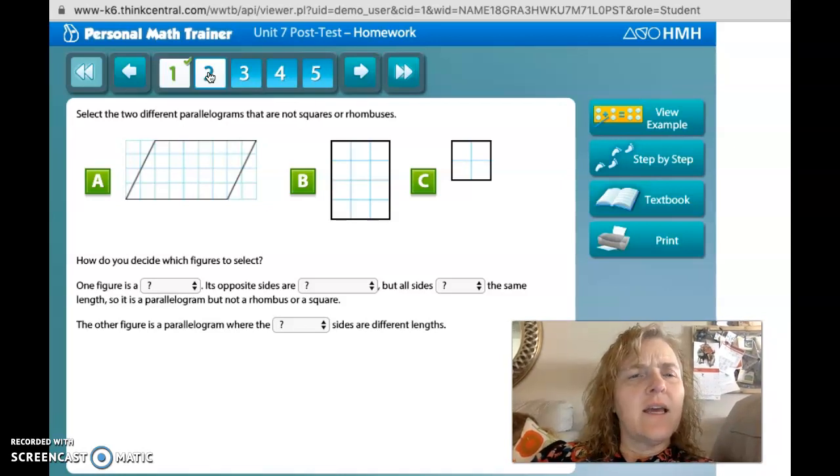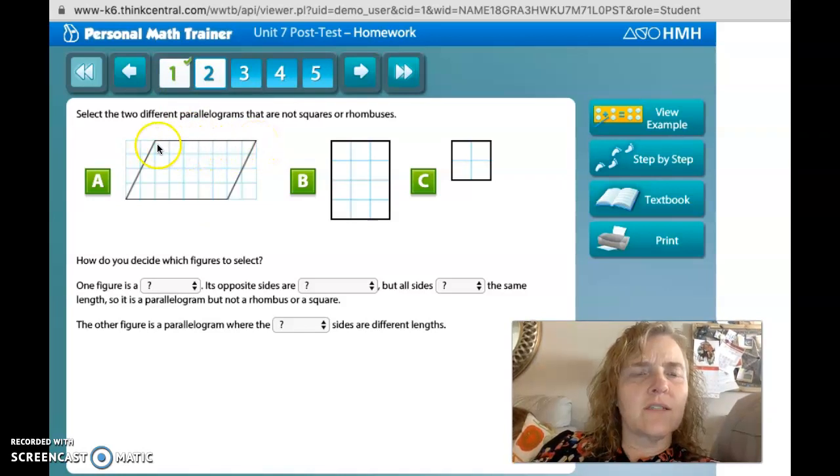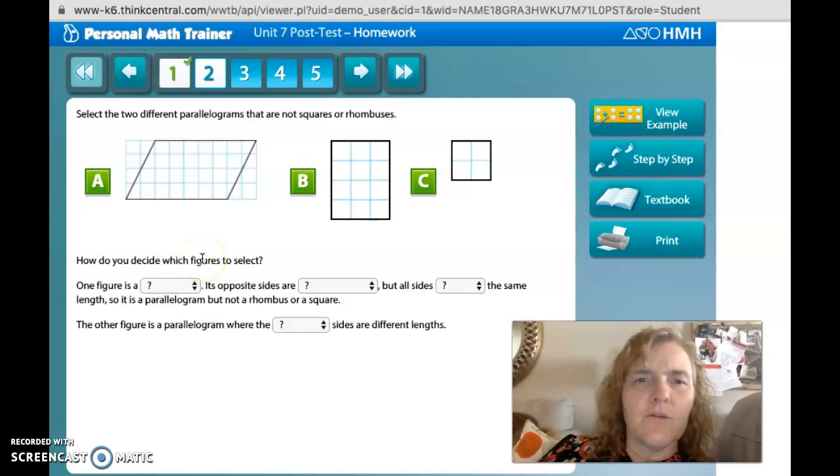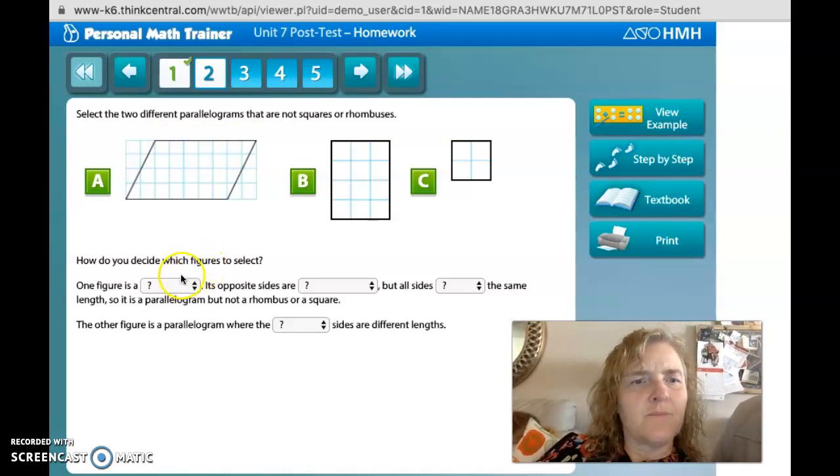And looking at A, it has height and length, but it's a little square that's kind of turned to the side, so that one doesn't have equal sides either. We've got 1, 2, 3, 4 on its height, and 1, 2, 3, 4, 5, 6, 7 on its length. So those are definitely not equal sides.